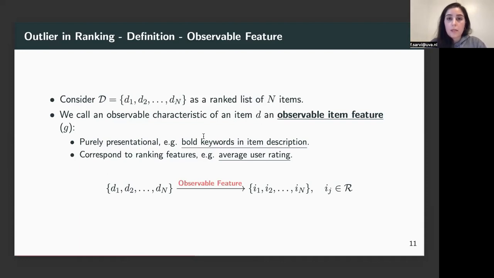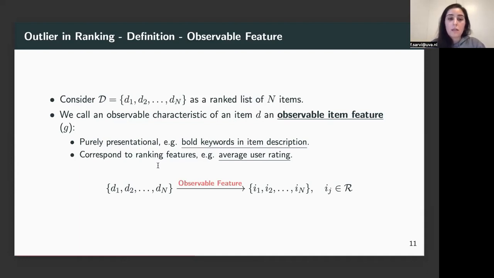This is important because when we are talking about outliers, we only think about the features that are observable to users. So maybe, for example, this item is an outlier based on the average number of impressions over the last month, but it's not observable to users. So it doesn't make the item an observable outlier in the ranking. When we talk about observable item features, we only mean the features that are used in the presentation.